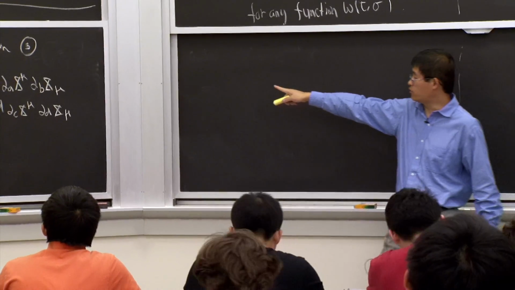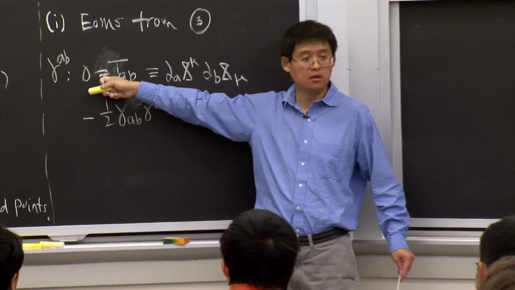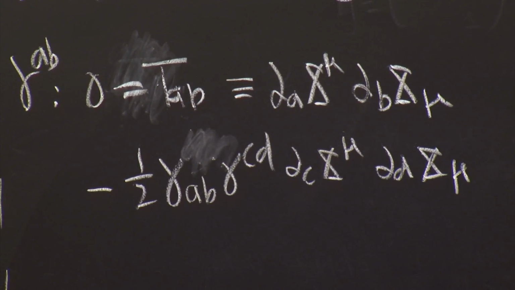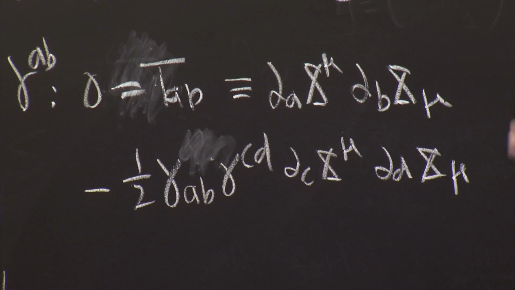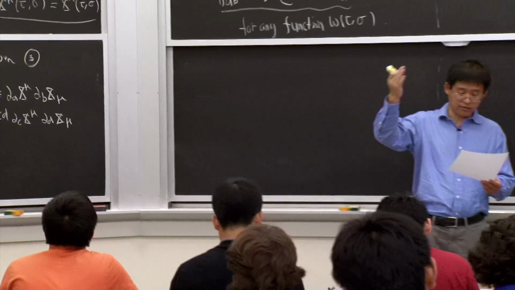This is what you get. You find that this thing has to be equal to 0, and I just call this thing TAB. This TAB is essentially the stress tensor of this scalar field theory, if you view it as a scalar field theory.